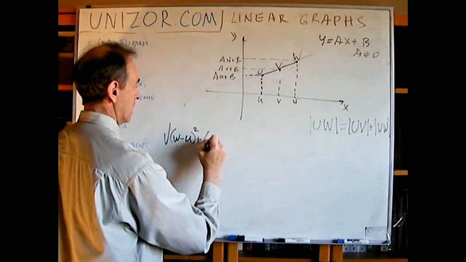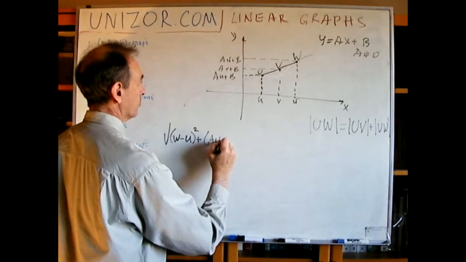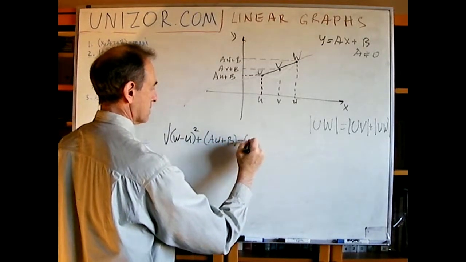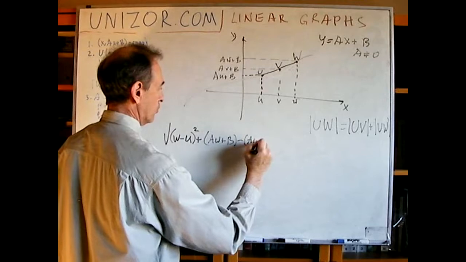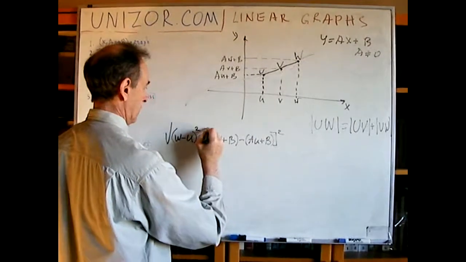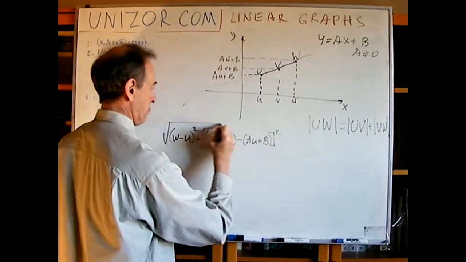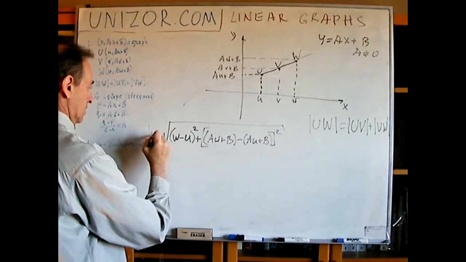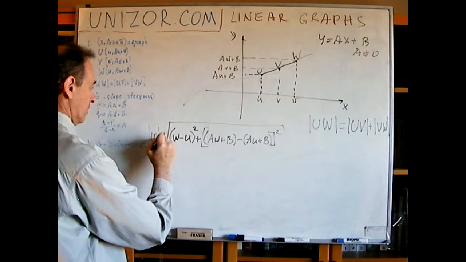So it's aw plus b minus au plus b, squared. This is UW.